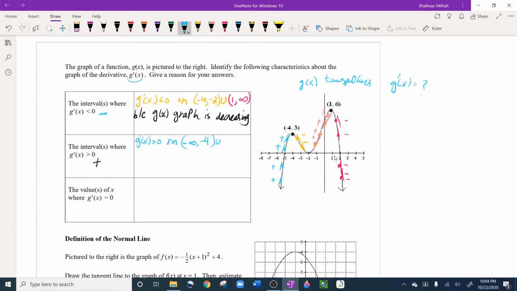Then another one is from -2 all the way to 1, because the g of x graph is increasing.